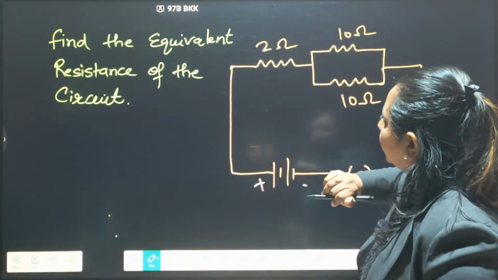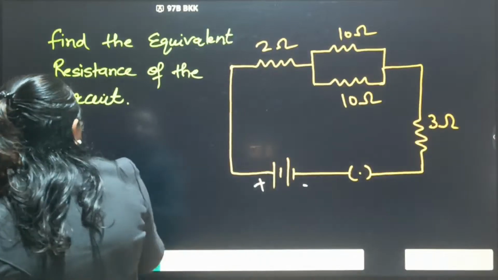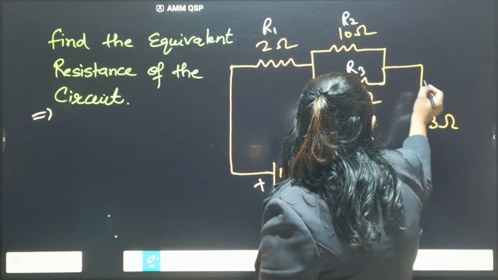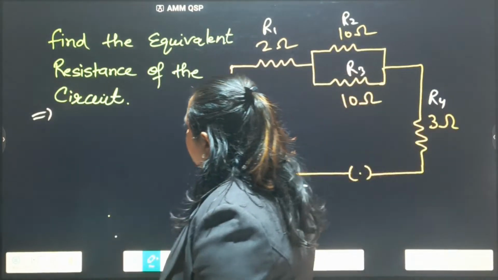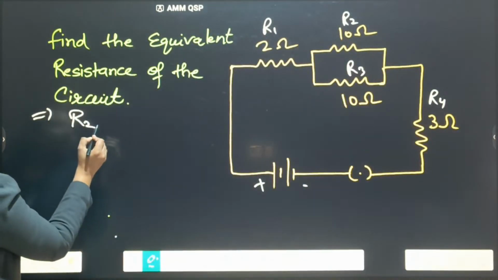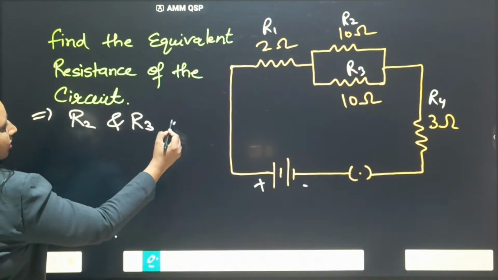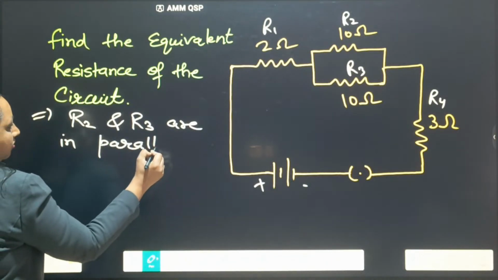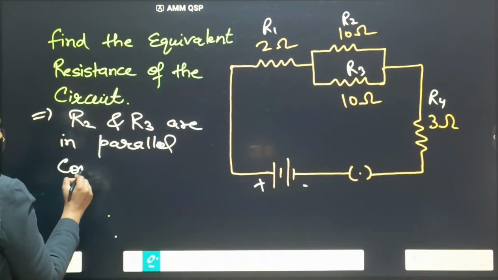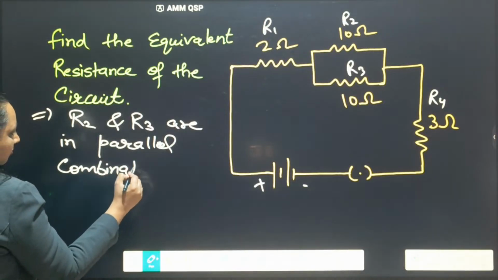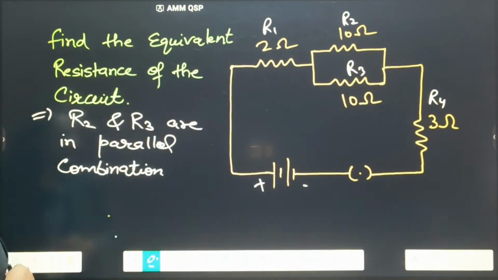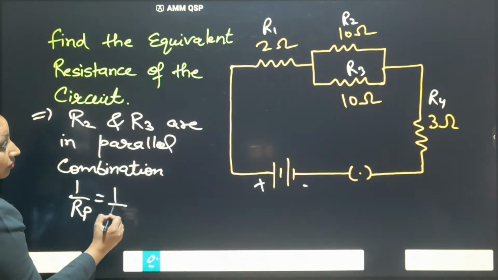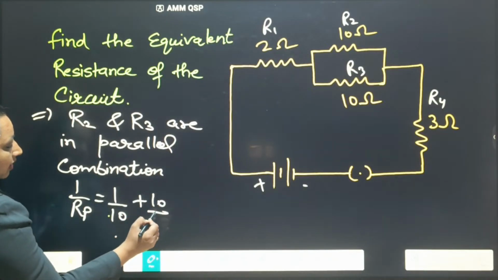So what is a parallel combination? You can put the values. Suppose it is R1, R2, R3, R4. So R2 and R3 are in parallel combination. Parallel combination, that means 1 over Rp is equal to 1 over 10 plus 1 over 10.